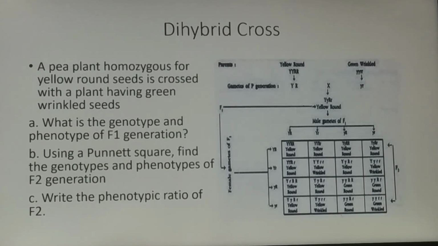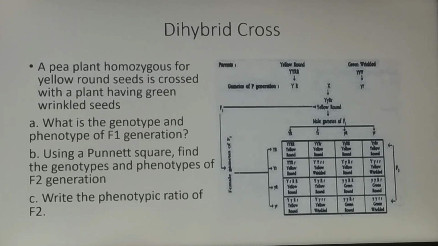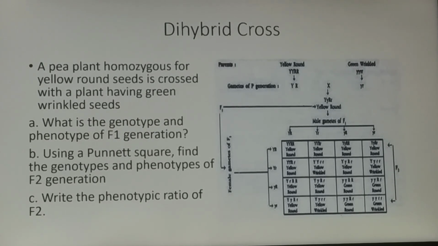So first step you have to write the phenotype of the parents. Second line you have to write the genotypes of the parents. On the third line you will write the gametes produced by the 2 parents. The first parent will produce gametes containing capital Y, capital R. So write capital Y, capital R and encircle the entire thing.